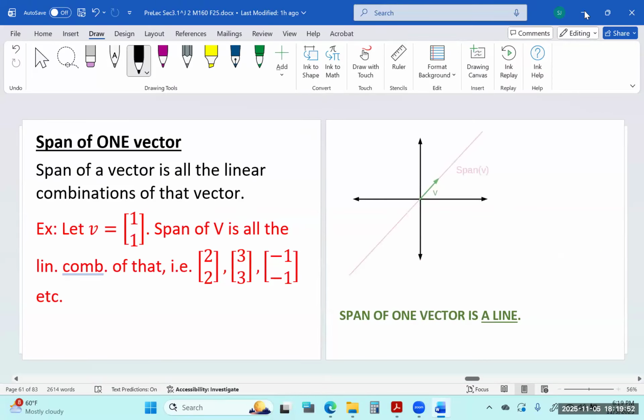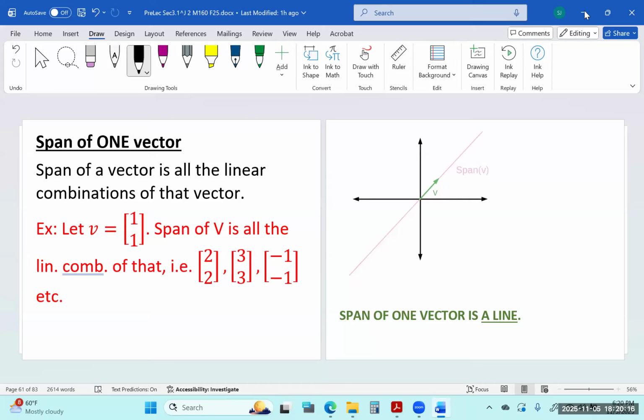If you have the vector 1, 1, so x value is 1, y value is 1, and you get all the linear combinations of this, the result is actually just a line. You cannot land anywhere outside of this line. It doesn't matter what number you multiply by, the result will always be on this line.